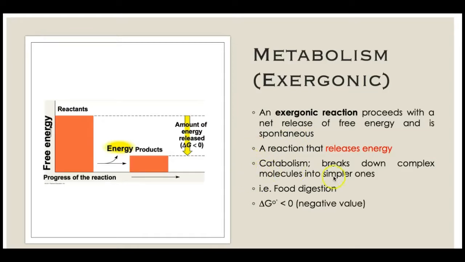It undergoes catabolism, where it breaks down complex molecules into simpler ones. An example of exergonic metabolism or catabolism is food digestion. When we eat carbohydrates, we will get simple sugars such as glucose.